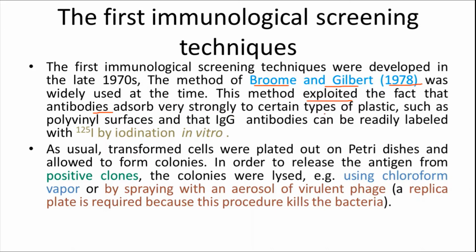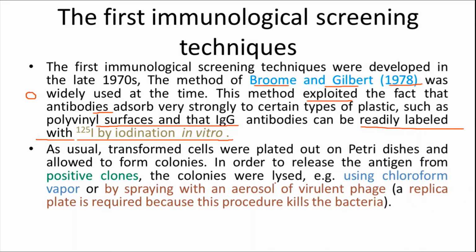The antibody then binds the corresponding antigen proteins. The antibodies we add are already labeled, so the labeled antibodies bind the corresponding protein if it is present in the cellular components.